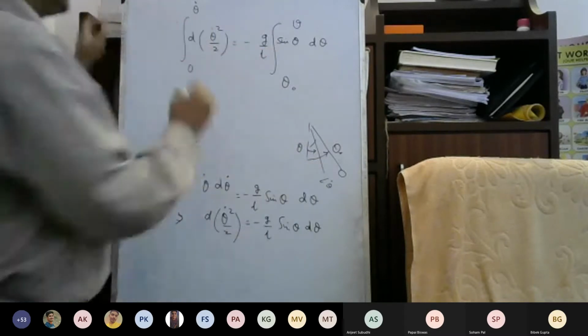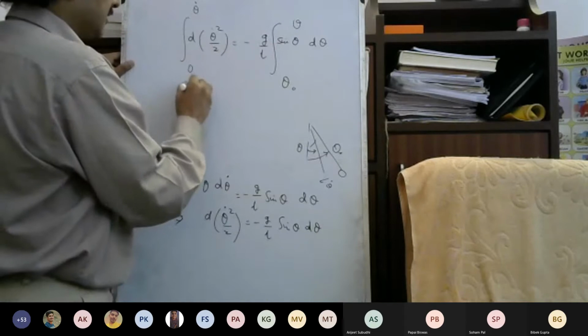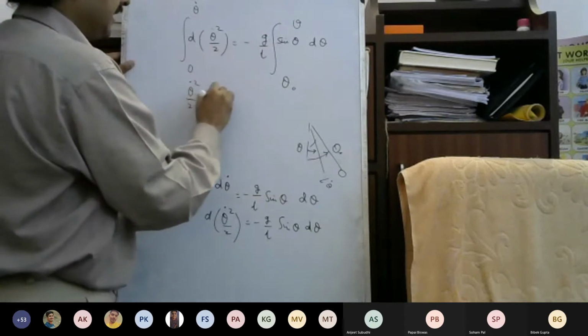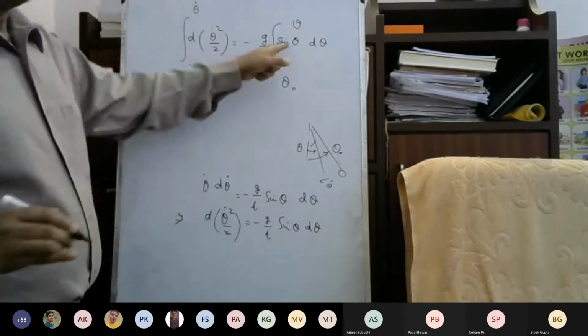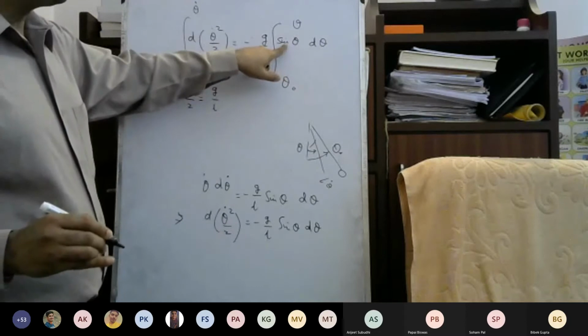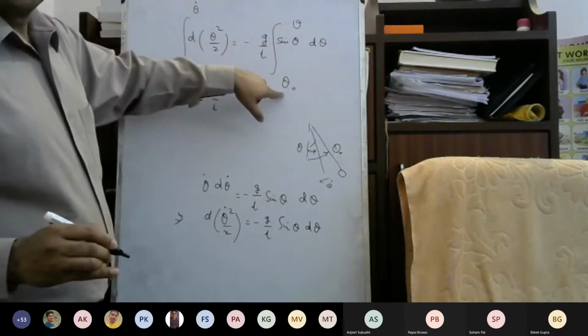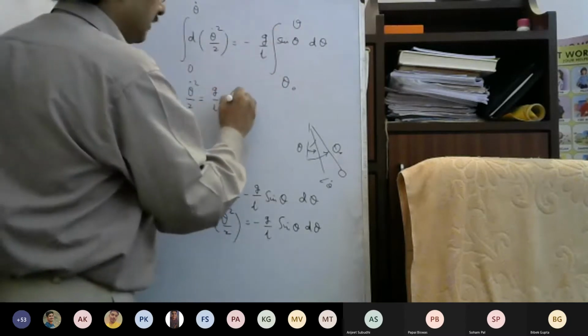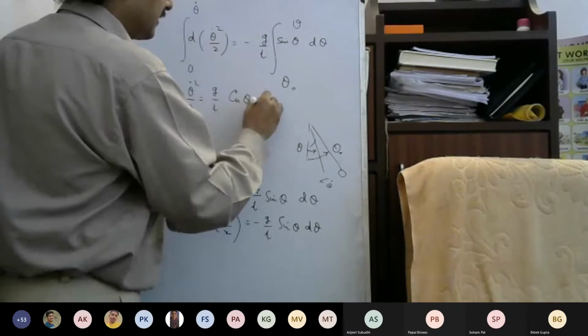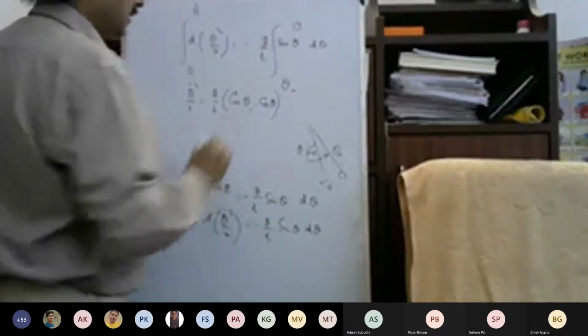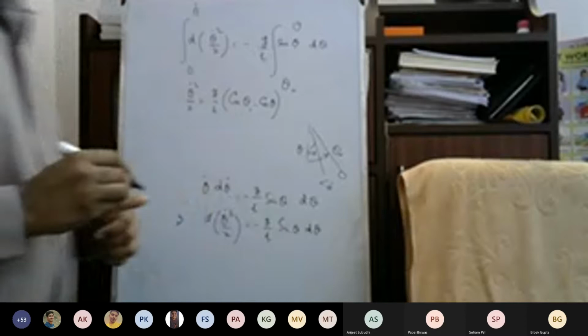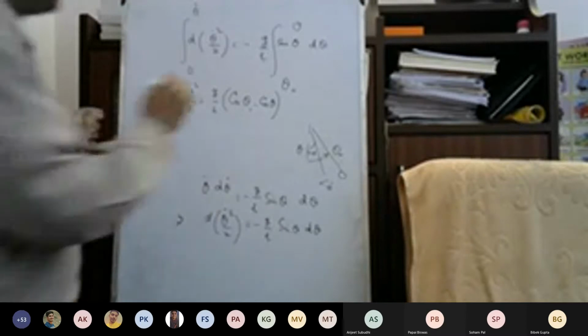Now if you integrate, theta dot square by 2 equals g by L times cosine theta naught minus cosine theta, right?